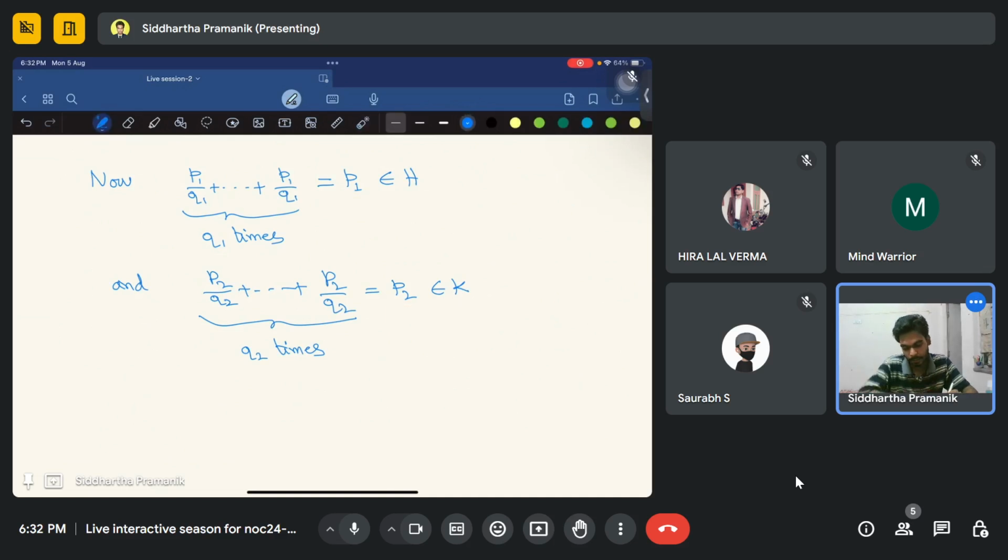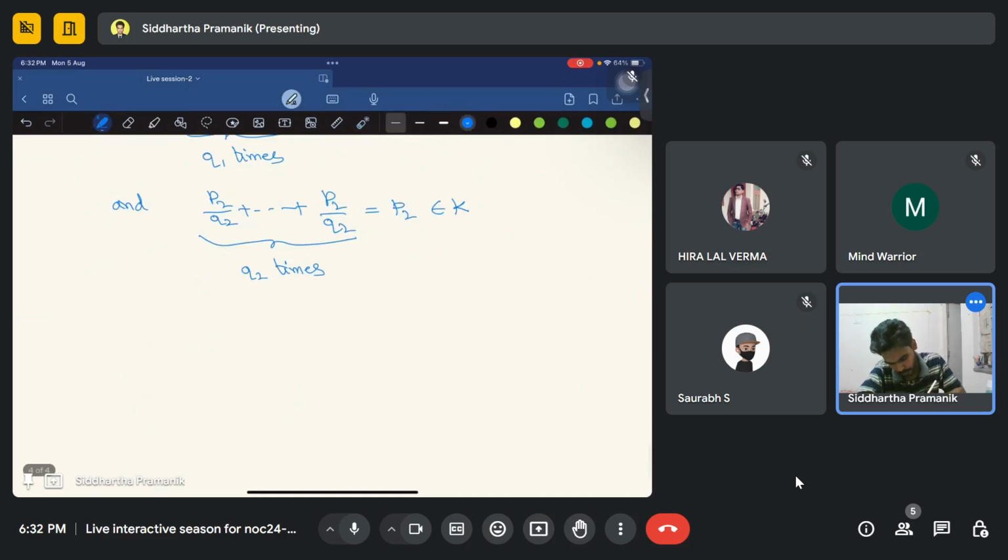Now we can assume that both these integers are positive because they are already non-zero. Okay, let me write it down. Now since p1 belongs to H, its inverse, which is minus p1, also belongs to H, and minus p2 also belongs to K, right?